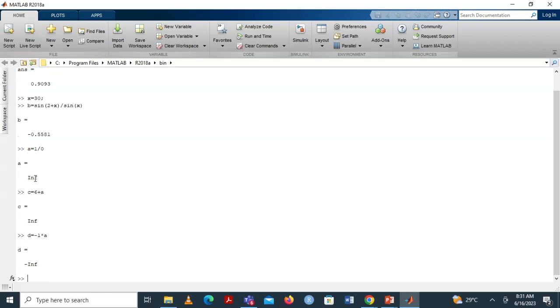So now let's look at the function for not a number. If I say f is equal to, I'm going to multiply 0 by c and I press enter, it is giving me not a number.